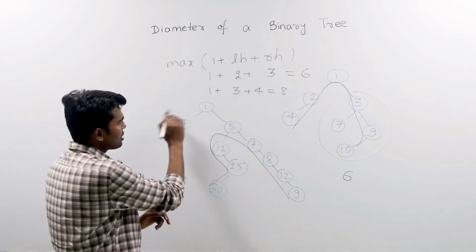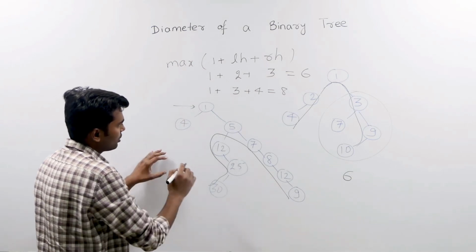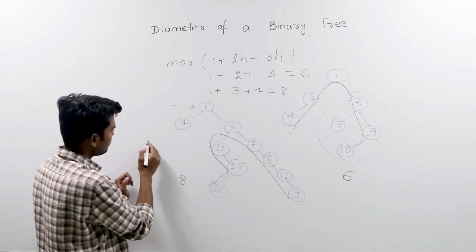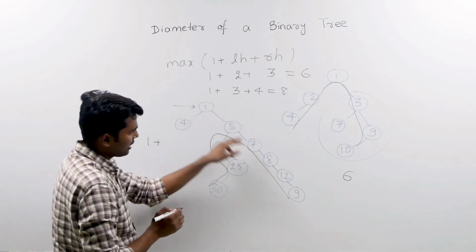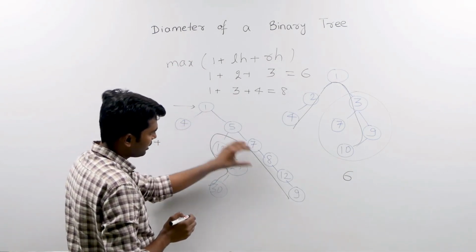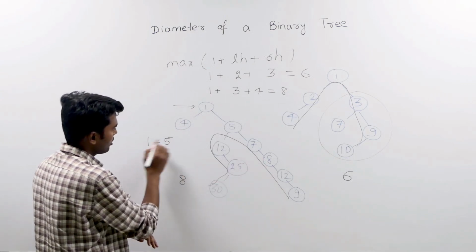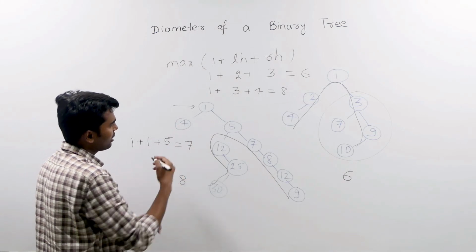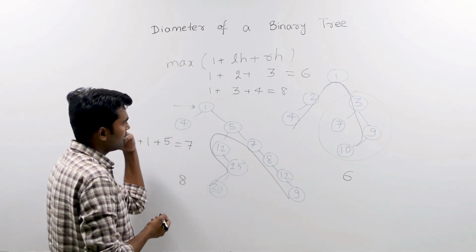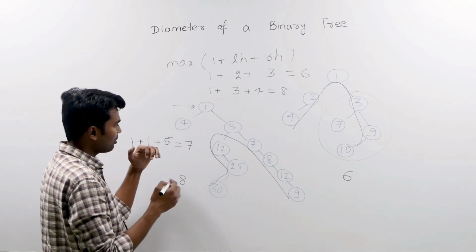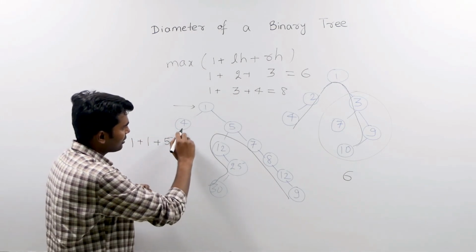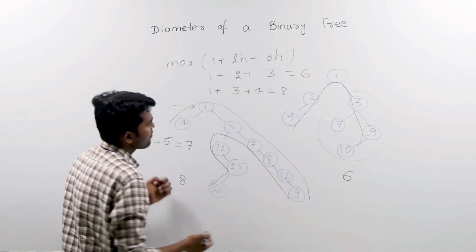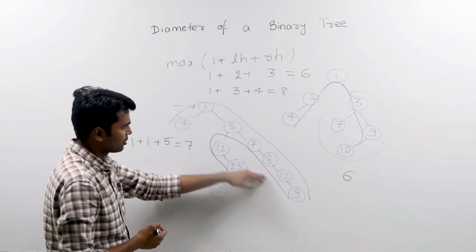Like if you talk about this node, the left height for this node would be 1 and the right height for this node would be 5, and plus 1 for this node, so it's 7. If you talk about the longest path passing through this node, then that path would be this, right? And this path contains 7 nodes.